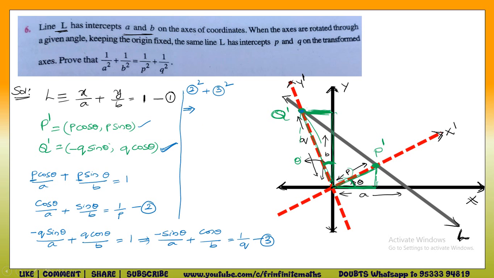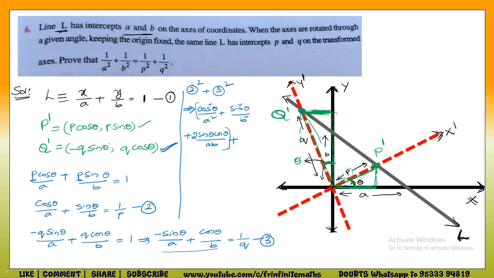Here also the same thing. So I can write this as cos square theta by a square plus sin square theta by b square plus 2 sin theta cos theta by ab, plus, this is nothing but the first term expansion.